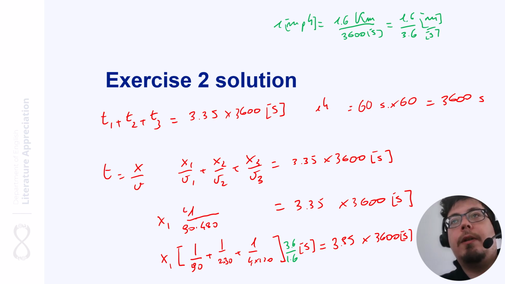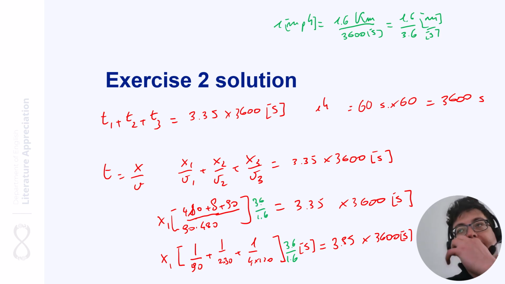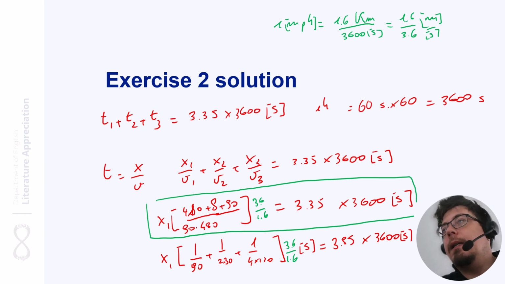And then this is 480 plus 8 plus 90. And this is a number that we need to multiply by 3.6 divided by 1.6. And then from this equation here, we can find out what x is, and we have the solution of the problem.